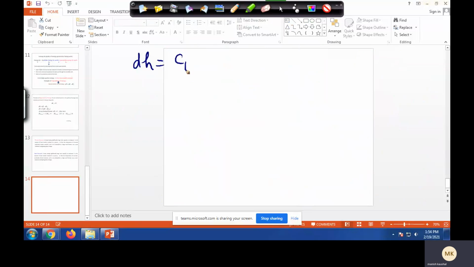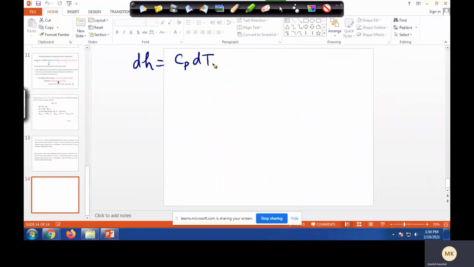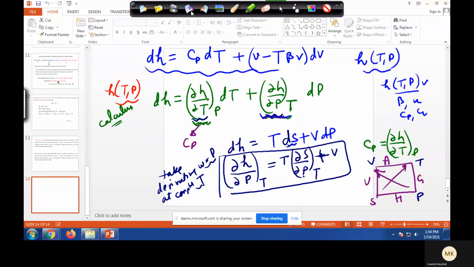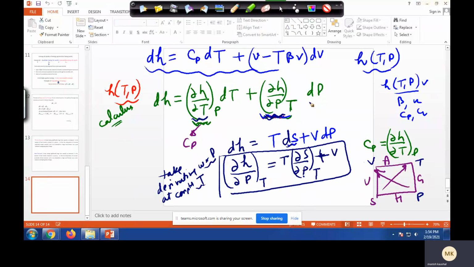dH is what? Cp dT plus, we are replacing this by this. So this will be plus T ∂S/∂P at constant T plus V, and then what we have here, which is differential into dP.